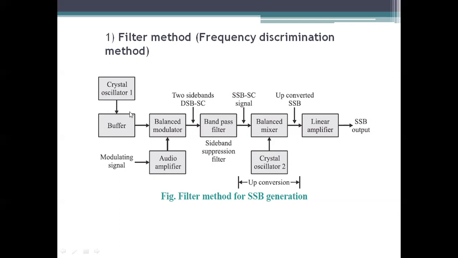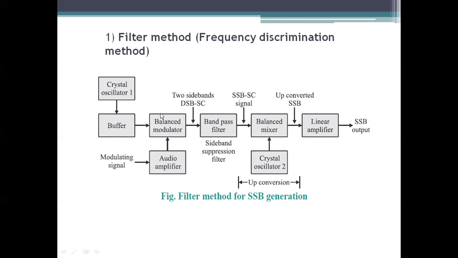Its output is given to the buffer and via the buffer to the balanced modulator. The second input to the balanced modulator is the modulating signal, or the information, which is passed through an audio amplifier that amplifies the signal. The balanced modulator is responsible for generating DSB-SC, so it will generate two sidebands.